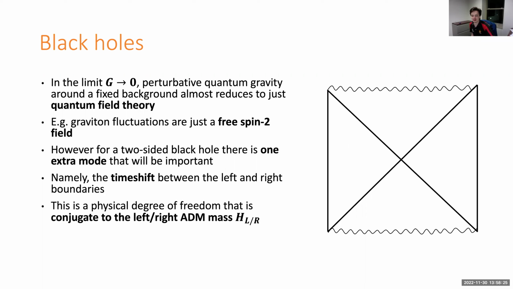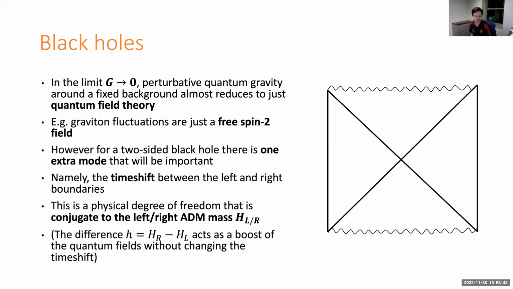So this degree of freedom is conjugate to both the left and right ADM masses of the black hole. The ADM masses are like the boundary Hamiltonian in AdS-CFT that time evolves you forwards, so they generate translations of this time shift mode. I say they're both conjugate to it because the difference between the left and right ADM masses doesn't actually change the time shift at all.